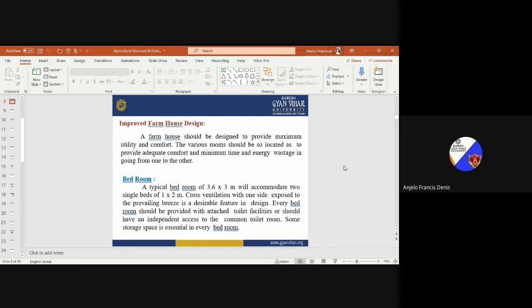So, a farmhouse should be designed to provide maximum utility and comfort. The various rooms should be so located as to provide adequate comfort and minimum time and energy wastage in going from one to the other.